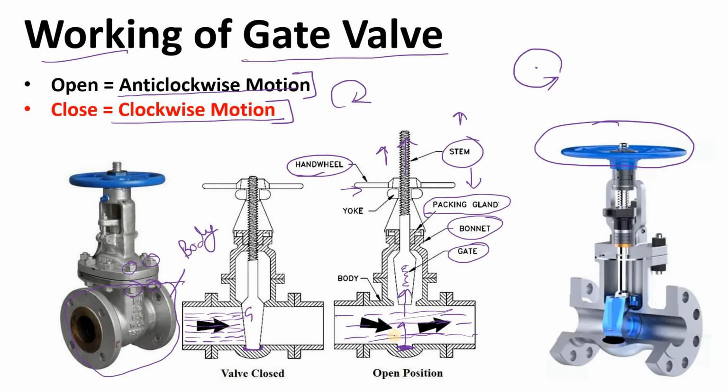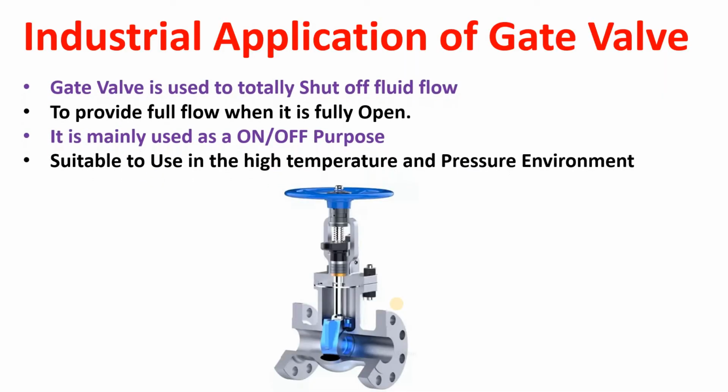Here you can see that as it goes away from the seat, your fluid will flow, and as it comes closer to the seat, this gate, your valve will be closed. I hope you understood how this gate valve works. Got my point? Okay, now let's see the industrial application of the gate valve.